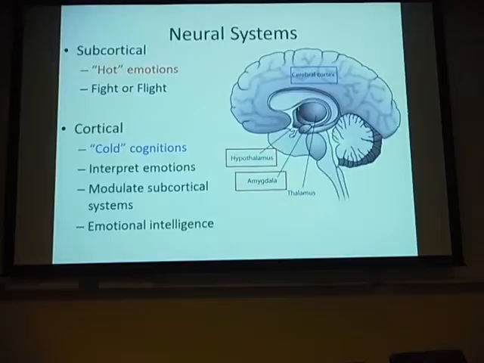So things that elicit very strong arousal systems, like the fight or flight response. With the snake, do I run away or do I try and defend myself against it? These would be things like anger or fear, which are processed mainly in these two structures.